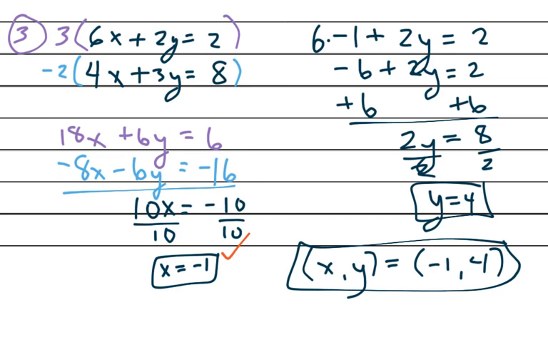Here's negative 1. And here's plugging that back in to figure out what y is. And summarizing the answer. And I went ahead and checked it in both equations, and it is accurate. If you went about it a different route, you should still get the same result. So if you got a different result than negative 1, 4, be sure to ask me questions if you have them.